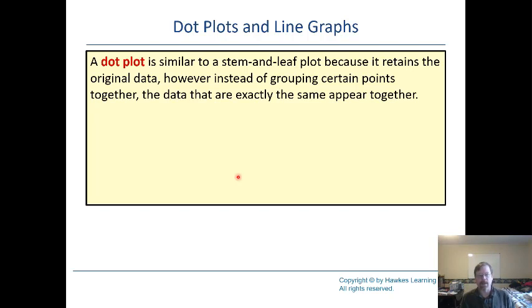So like if I was rolling a dice and recording my results there on a number line, I would put a dot in like so each time I rolled whatever value.